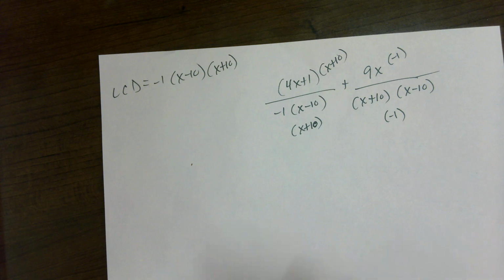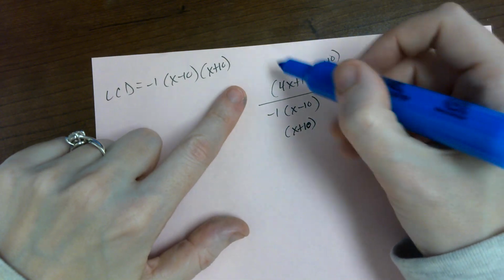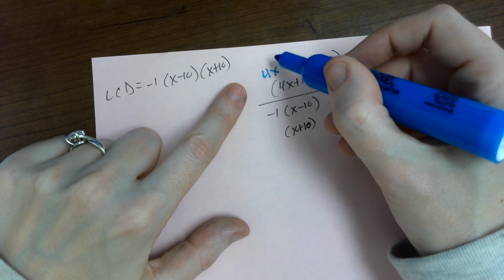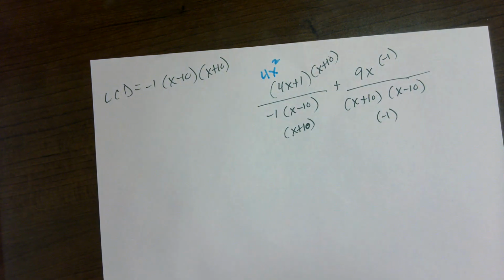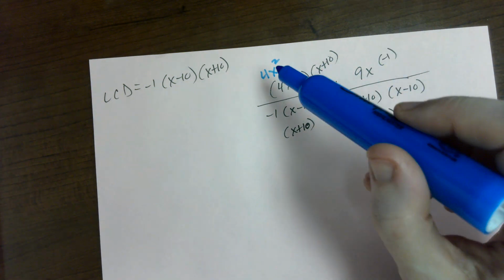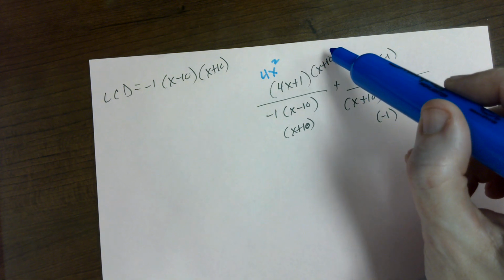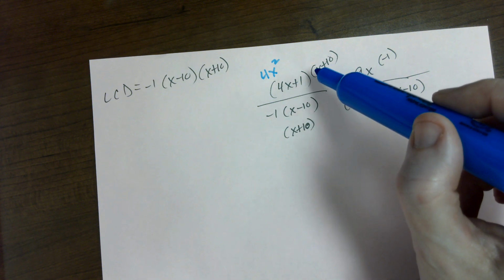Okay. All right, let me do a little bit of simplifying up here. All right, so that's 4x squared. And I'm going to skip a step, guys. I'm going to hold the middle terms in my head and add them. So my two terms in the middle are going to be 40x and 1x.